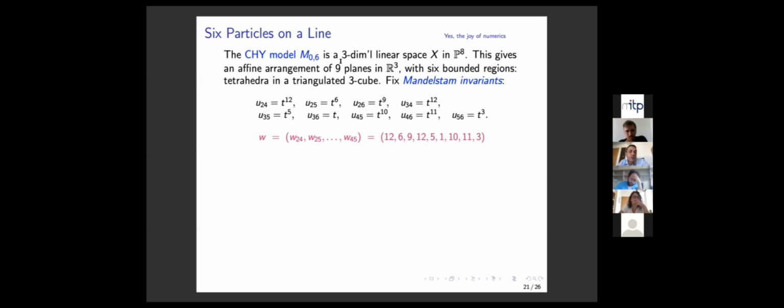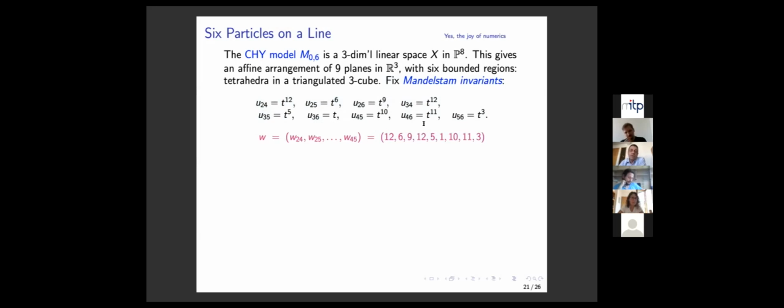This corresponds to an affine arrangement of 9 planes in R^3 with 6 bounded regions. These are tetrahedra in a triangulated group. Let me choose my Mandelstam invariants to be these powers of t: t to the 12, t to the 6, up to t cubed. So this is the tropical data. The exponents here are the tropical data vector, or tropical Mandelstam invariants.